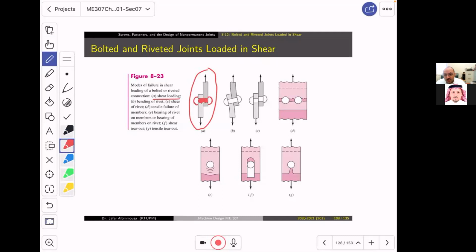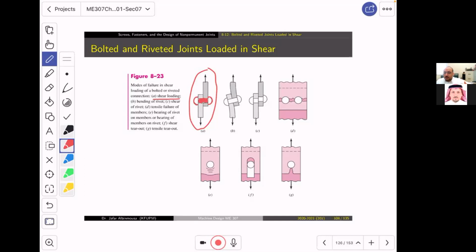Rivets are very important. You may not appreciate them much because you think that you don't see them often, and I don't blame you, because these guys are hidden within the structure of airplanes. They are very important for airplanes, and there are some other applications, of course, where rivets are used.